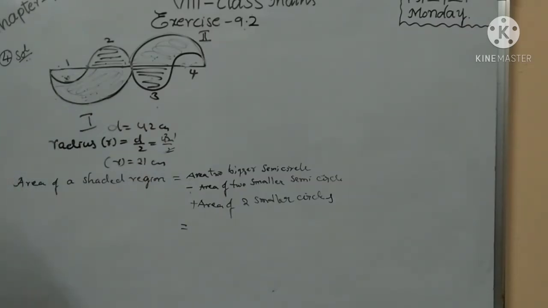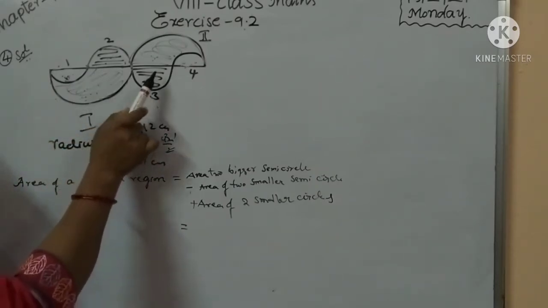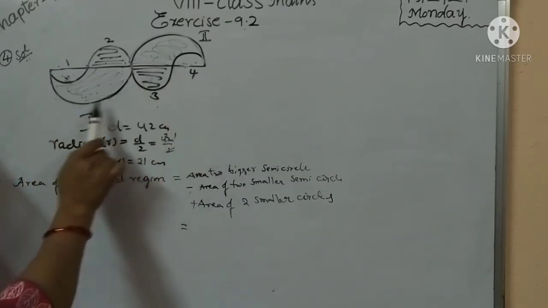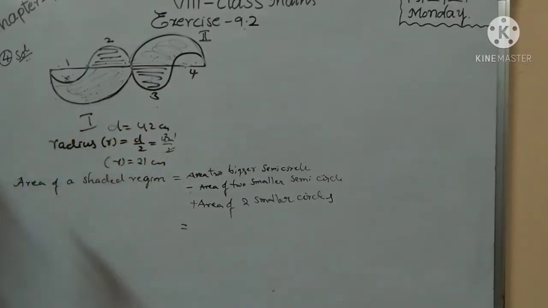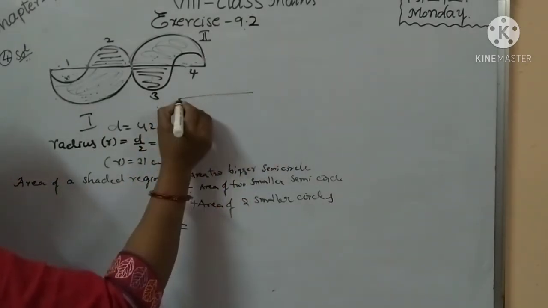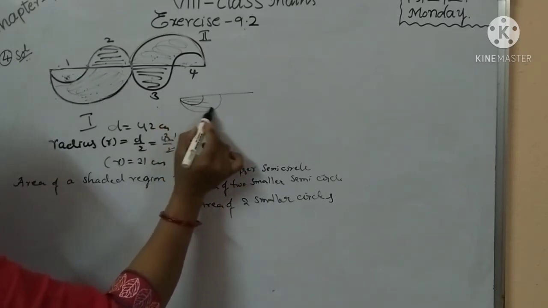Did you understand, children? This semicircle is adding here and this semicircle is adding here, and you will get a totally bigger circle. Like this only in the diagram, it is a totally shaded part.